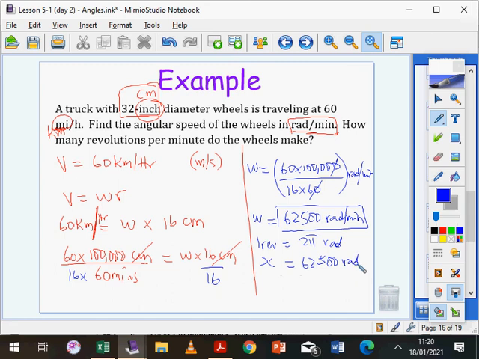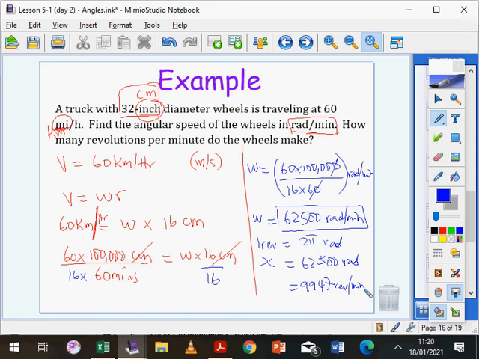How do you do that? I hope you can see that I will divide 62,500 by 2 pi to get revolutions per minute. And that gives me 9,947 revolutions per minute.